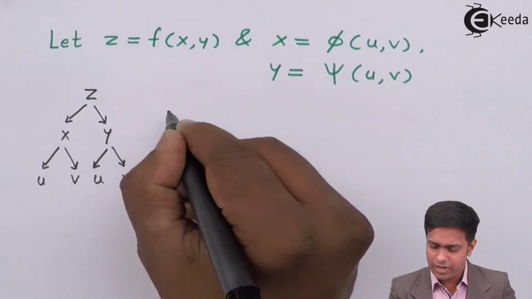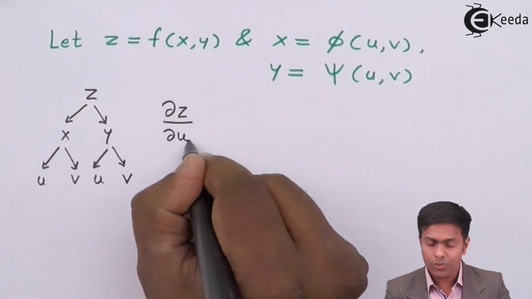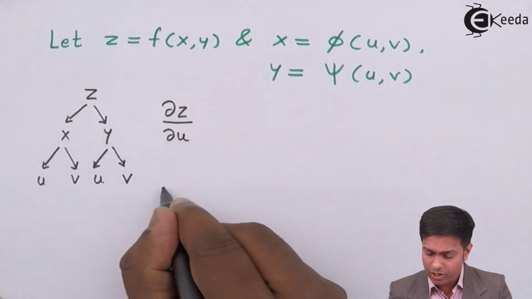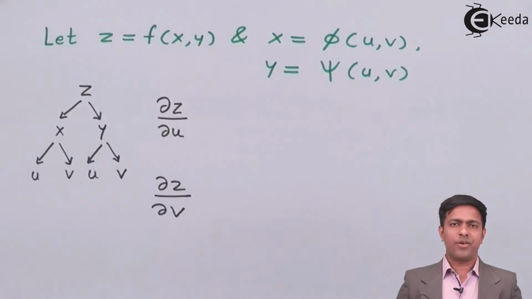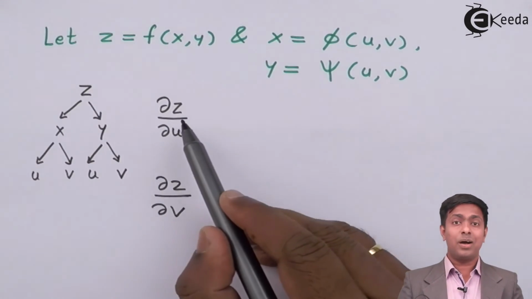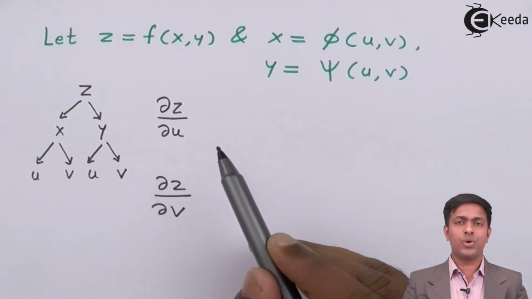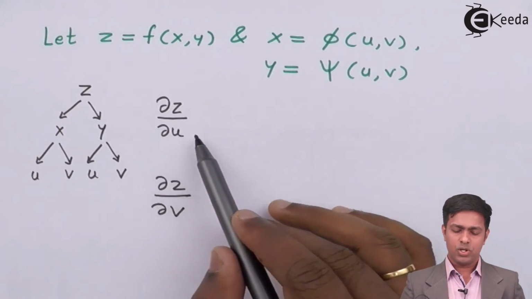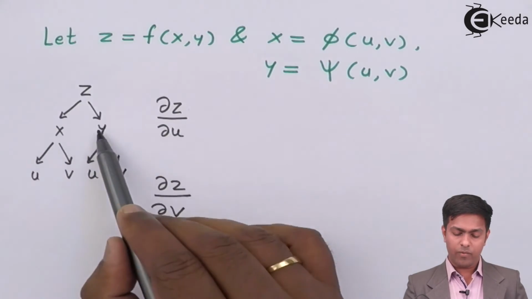So I'll first find the value of del z by del u, and then I'm going to find the value of del z by del v. To find del z by del u, I'm going to apply the chain rule on the different paths going from z to u. So one path is z to x, x to u, and then z to y, y to u.